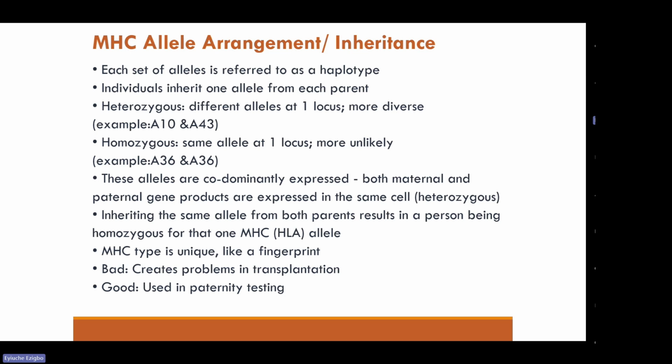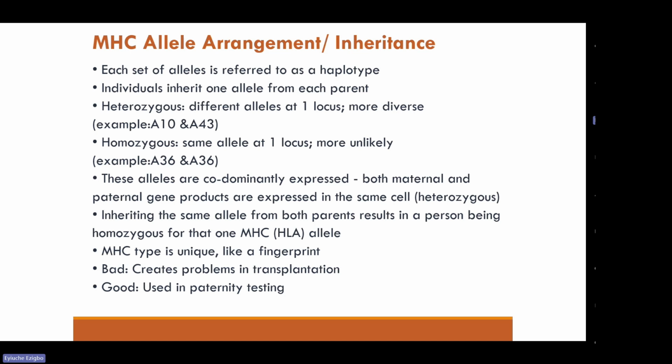Because of its ability to exist in different forms, no matter the type of new pathogen invading the population, the population will be able to mount an immune response because it has a diversity of mechanisms to do that. That is the good side of the MHC molecule.